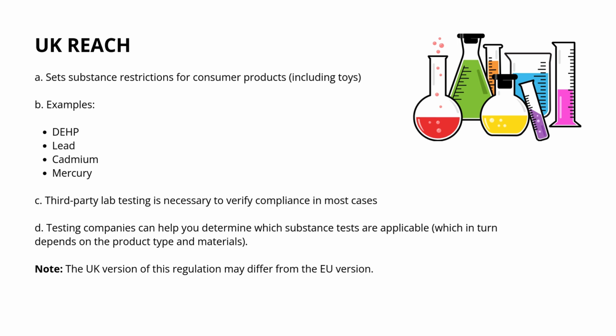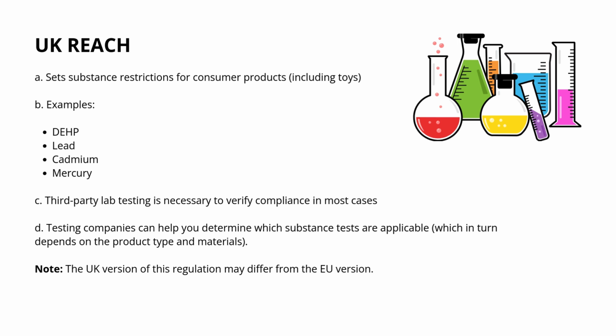And if a component does contain a substance above the limit, then you cannot sell it, at least if it's under Annex 17. And normally you have to go to a third-party testing company like it could be Intertek, SGS, TÜV Rheinland, to verify if a certain fabric or a component contains substances above the set limits.